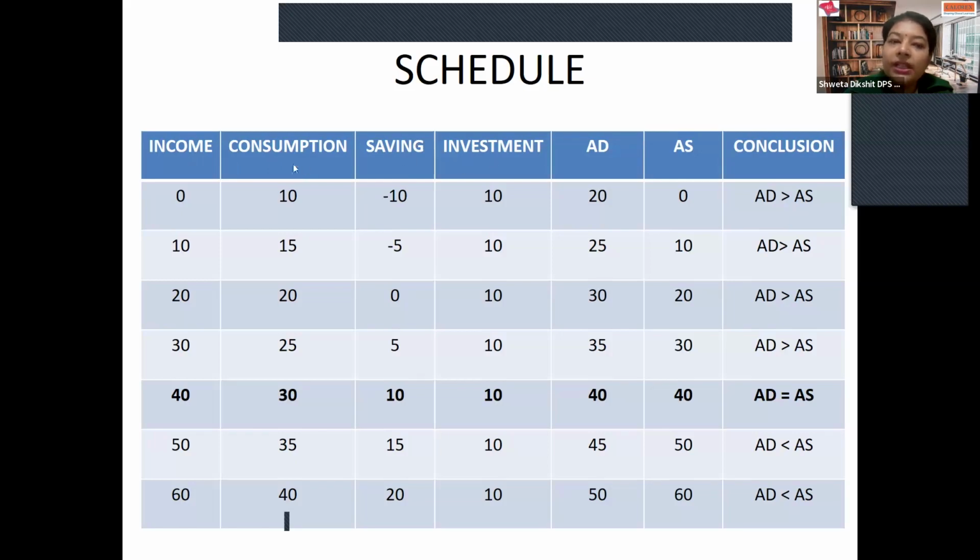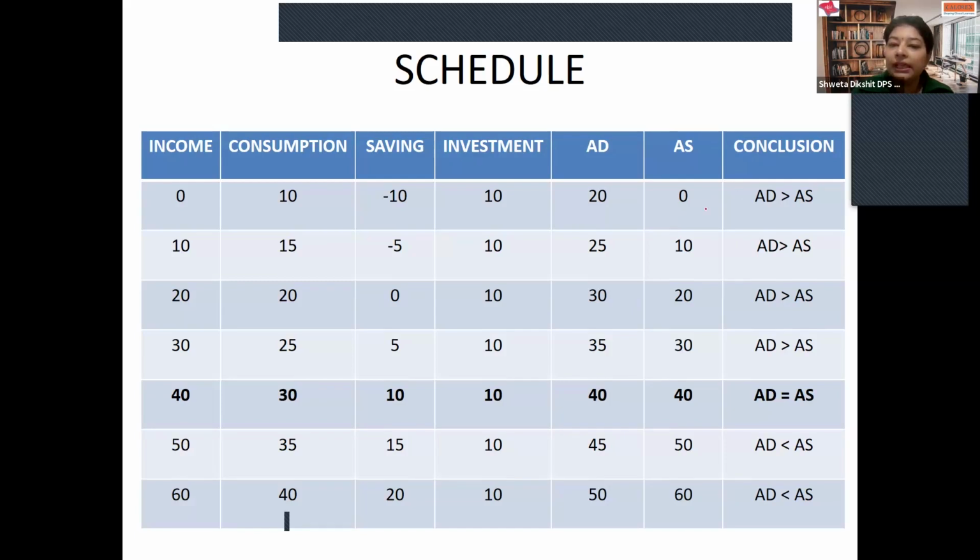We know this very well, that consumption and investment together become AD, and consumption and saving together become AS. And then the last column, which is very important, shows the different phases indicating whether equilibrium is attained or not.